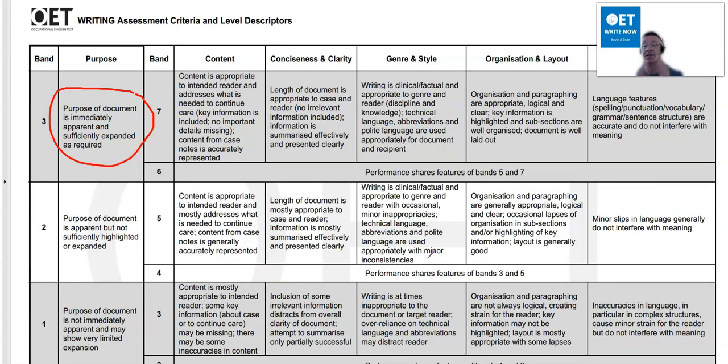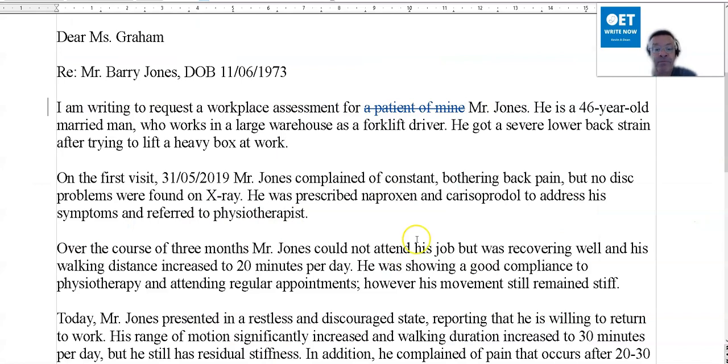All we need is, dear so-and-so, can you do this? And then in the body of the letter, you are telling the reader why you want them to do whatever it is you want them to do. So, work assessment for Mr. Jones, comma, a 46-year-old married man. What's that got to do with anything?